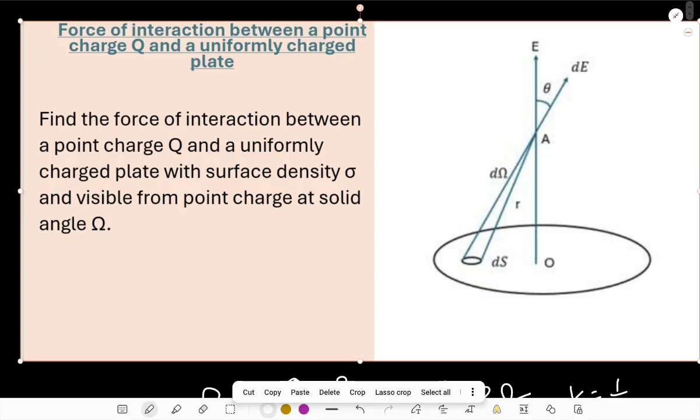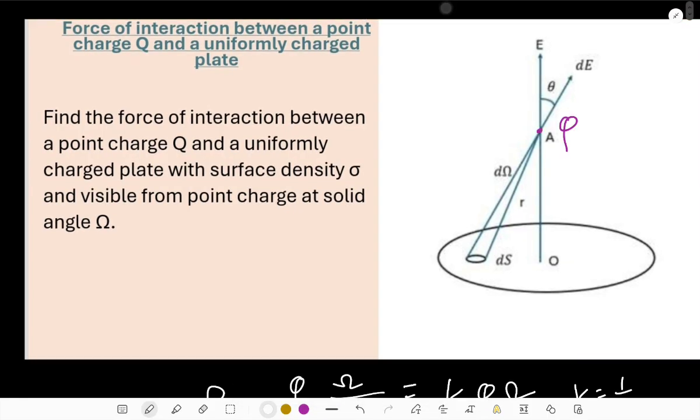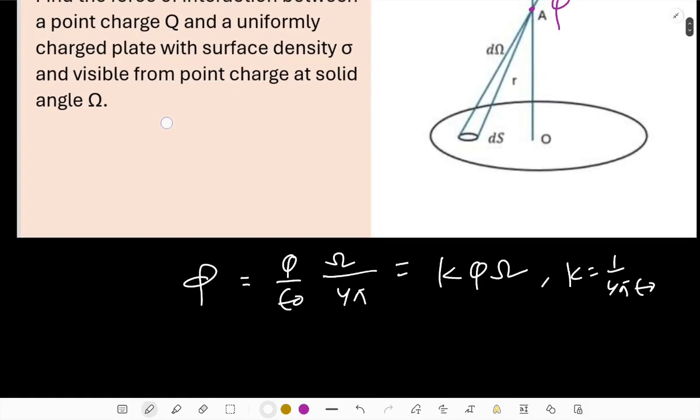This is a completely symmetric structure, and you are going to get the force perpendicular to the surface, so no problem about it.